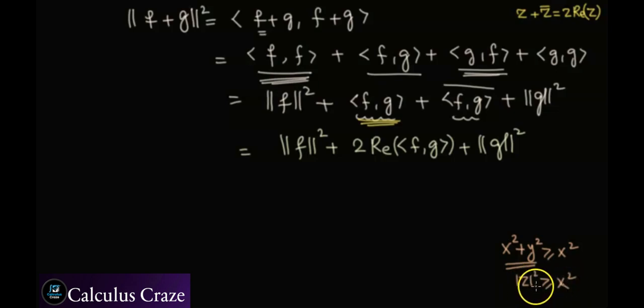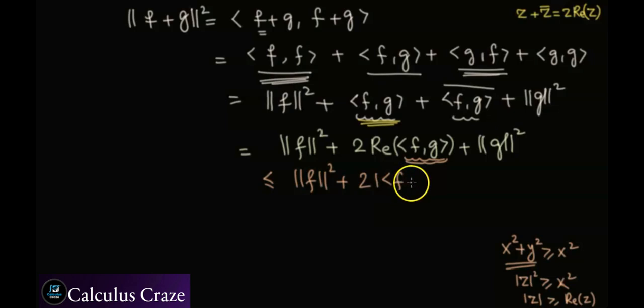So for the complex number z, you can see that the absolute value of the complex number is greater than or equal to its real part x. So if I take its absolute value, it is going to be greater than or equal to this real part. So I can write this as at most 2 times the absolute value of the inner product of f and g, plus the norm of g squared, right?